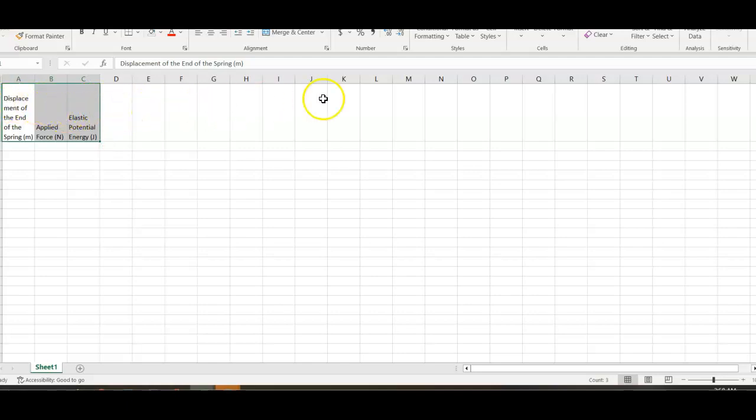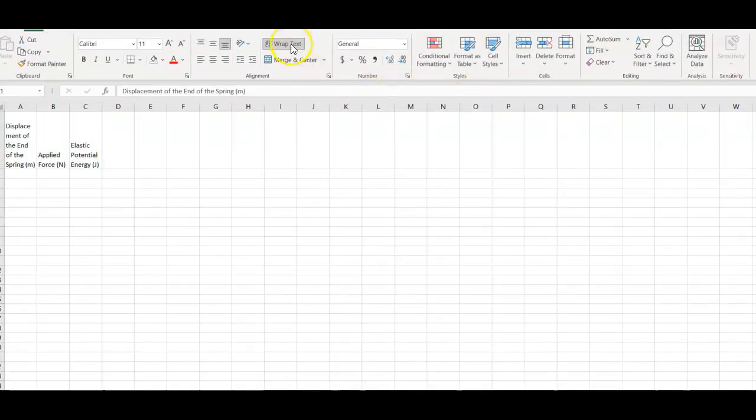If yours are going out beyond the width of the column, you can click this wrap text icon. You can click the wrap text icon, and that will make it wrap the way mine are looking here. Okay, so I'm going to type that information here in Excel.